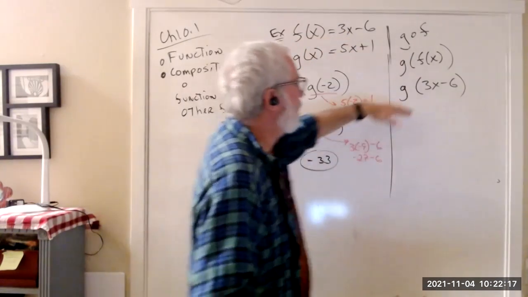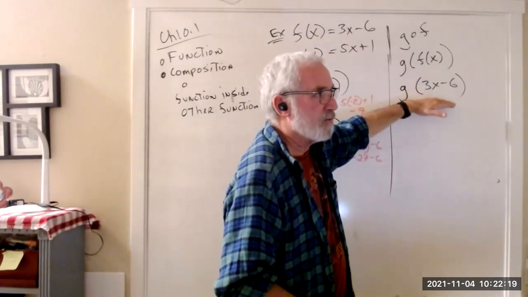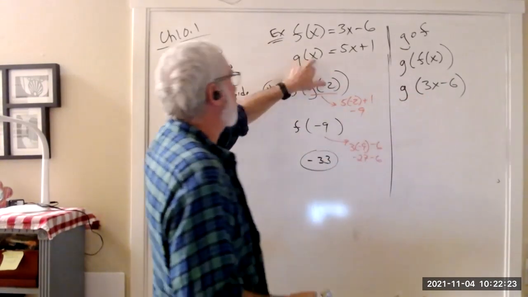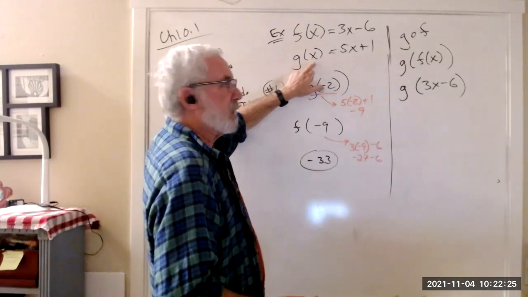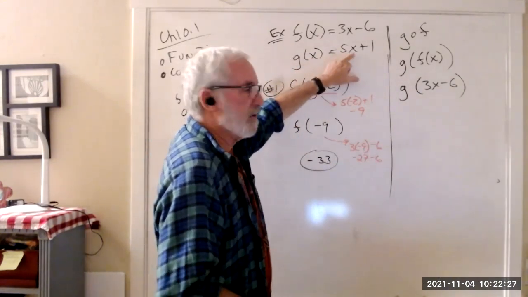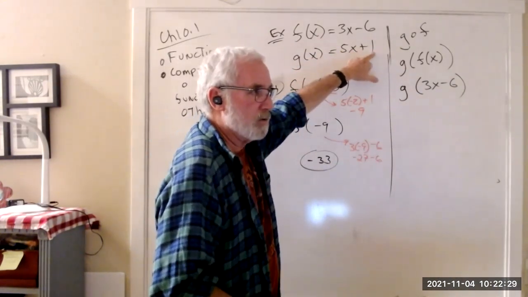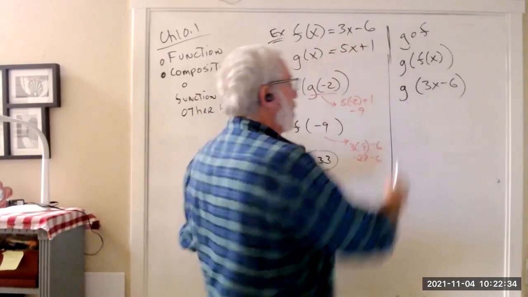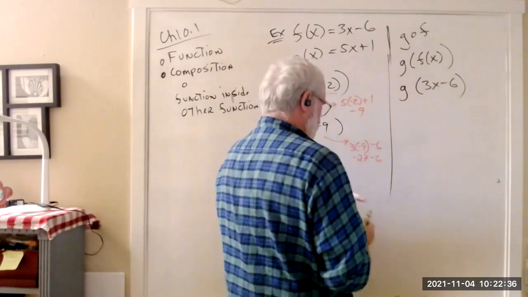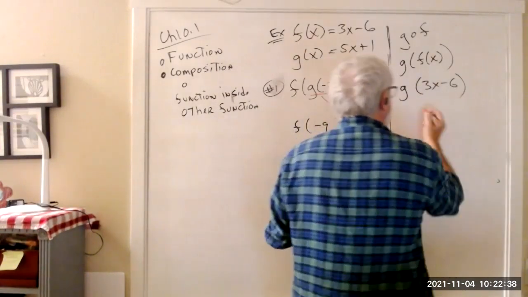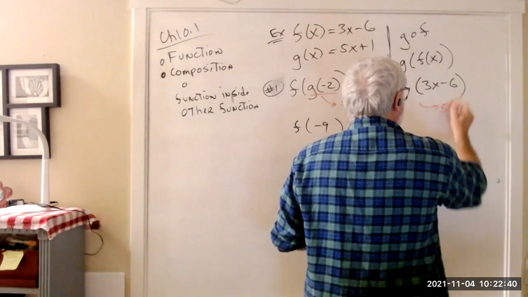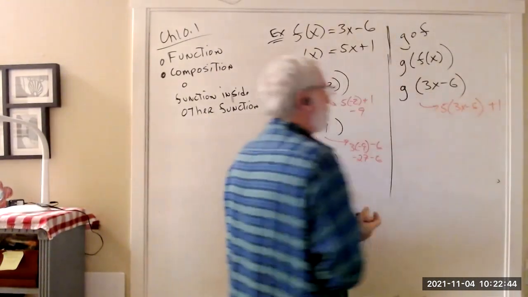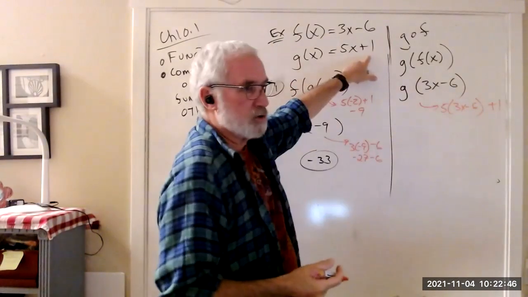All right. Now, how do I plug that into the g function? What's the g function say? It says, whatever you give me, I'm going to multiply it by 5 and then add 1. Well, I'm giving it that. So I'm going to do 5 times 3x minus 6, add 1, because that's what the g function tells me to do.